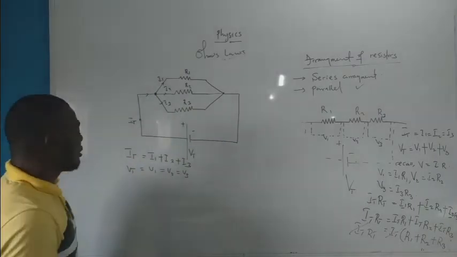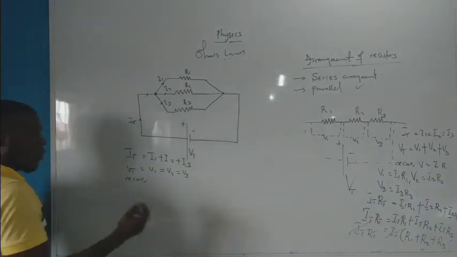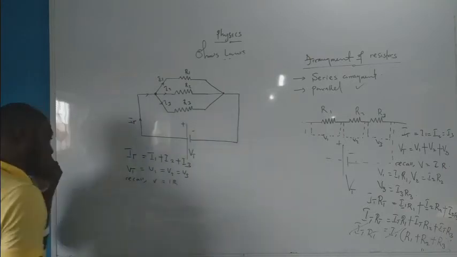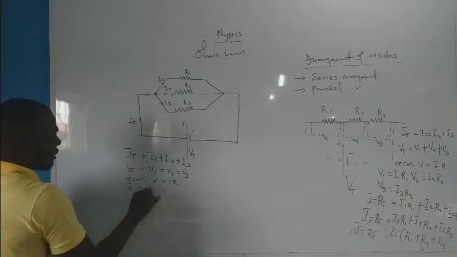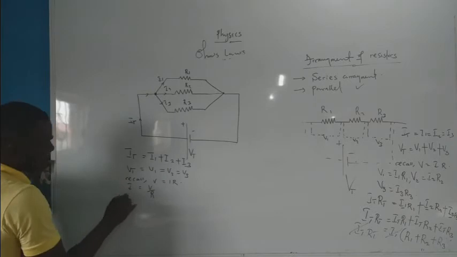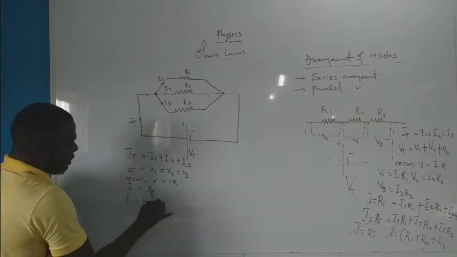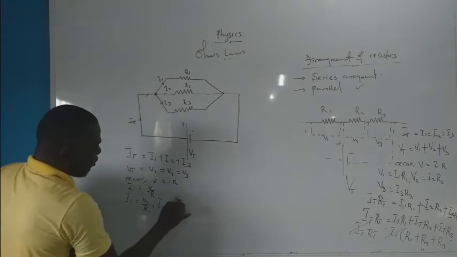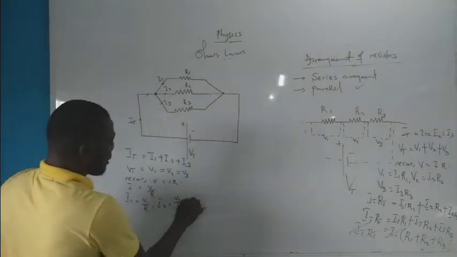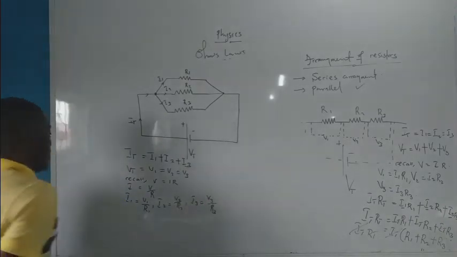So recall from Ohm's law that V equals IR, so I will be equal to V over R. So I1 will be V1 over R1, I2 will be V2 over R2, and I3 equals V3 over R3.